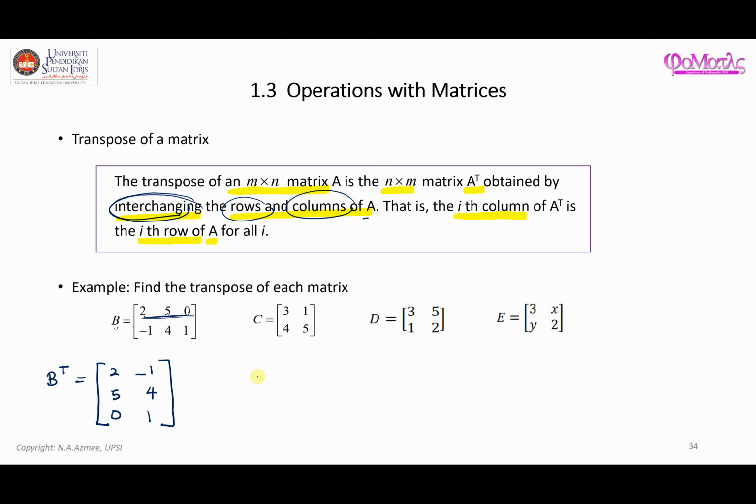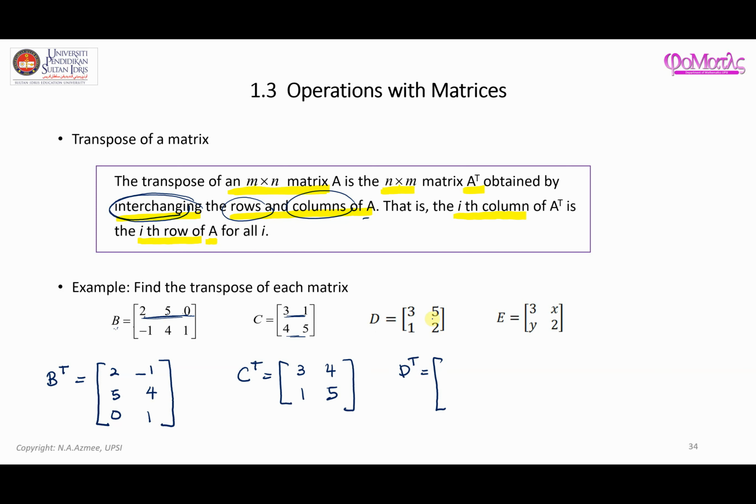Now what about C transpose? Again, the first row is going to be the first column. So here we got 3, 1. The second row is going to be the second column, which is 4 and 5. So that is C transpose. Let's do it again. D transpose is going to look like this.